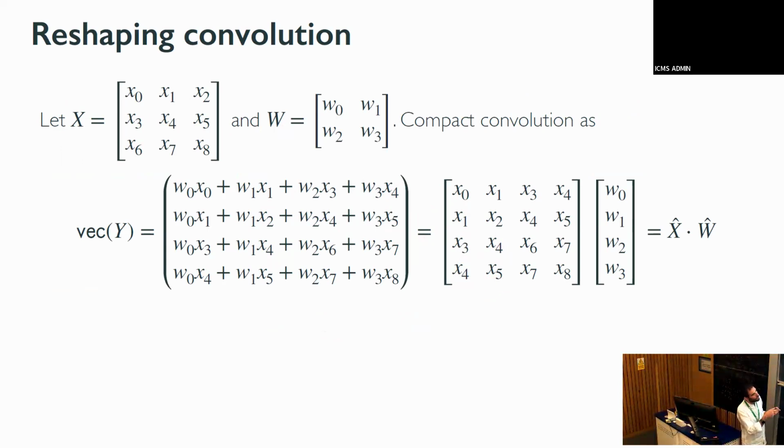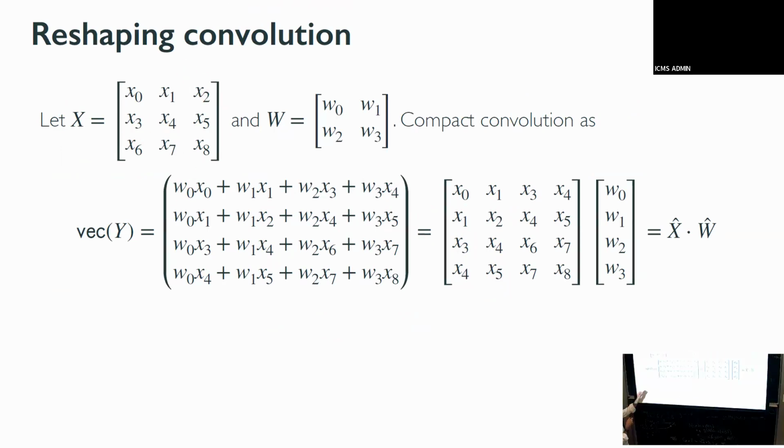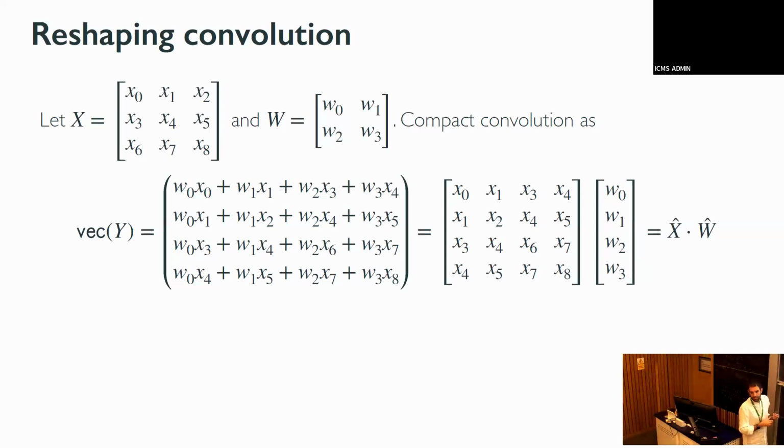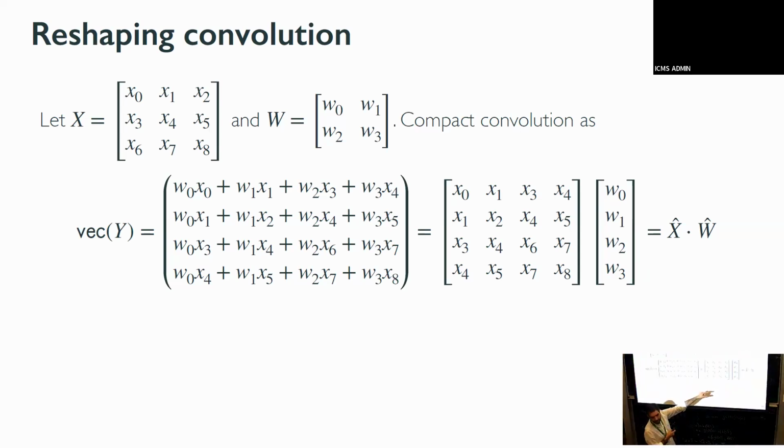In every row of this matrix, you put the vectorization of the submatrix that you want to consider. For example, here you take X0, X1, X3, X4, which is the top left submatrix of dimension 2, and then you proceed. So you now have a matrix whose number of columns is the dimension of the kernel squared, so it's m squared, and the number of rows is the output dimension.